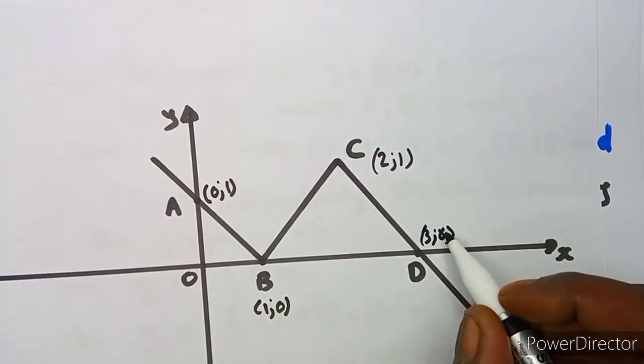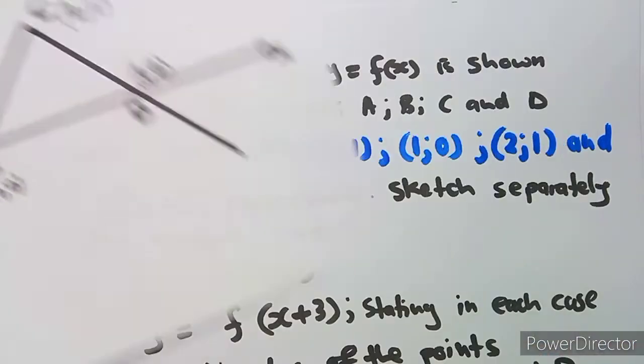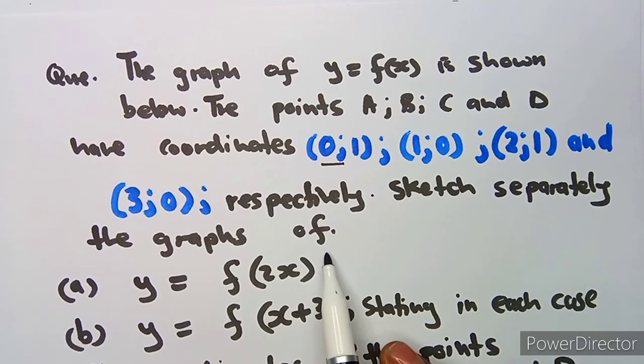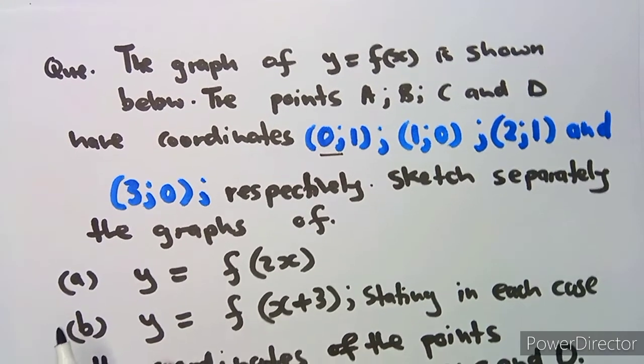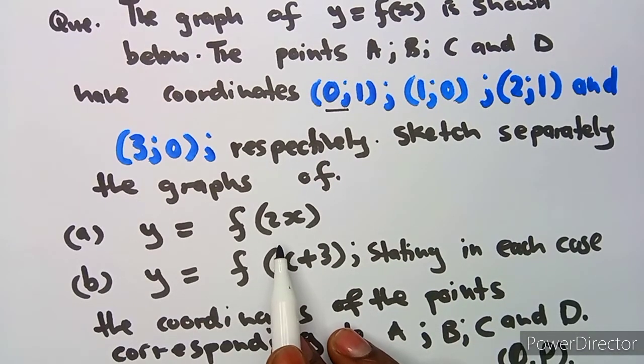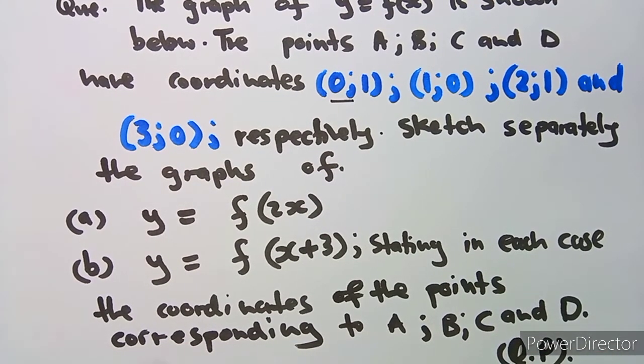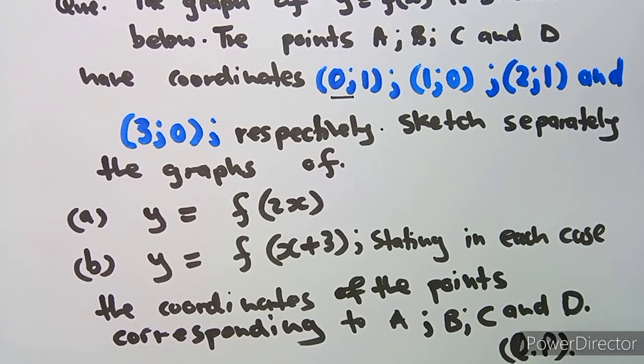Now the question is: sketch separately the graphs of a, y equals f of 2x, stating in each case the coordinates of the points corresponding to a, b, c, d. This question is actually from one of the question papers that I just took.